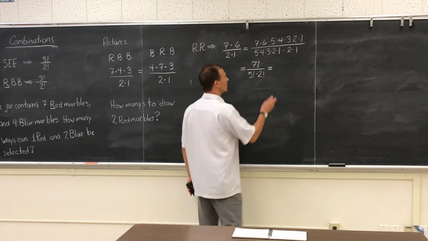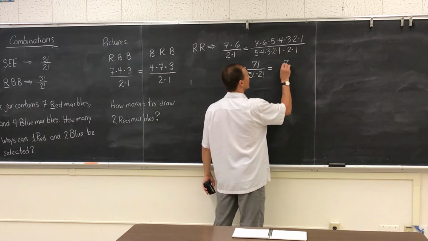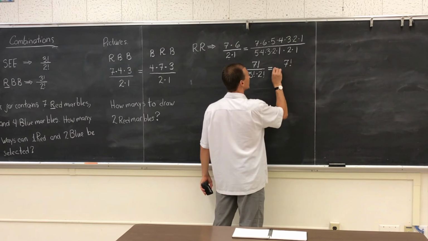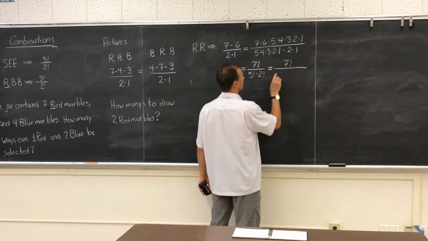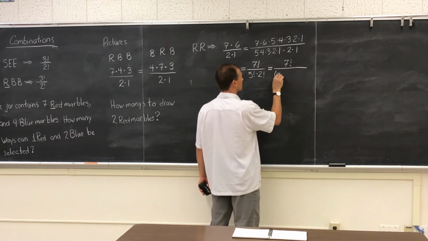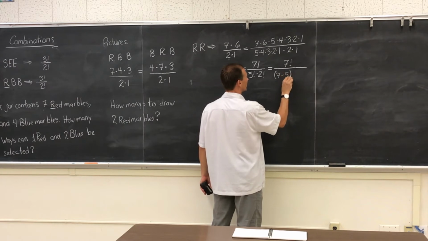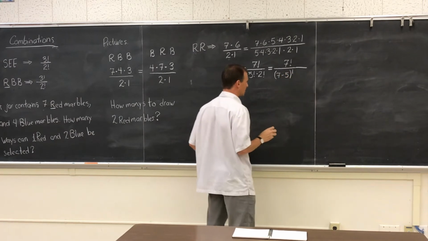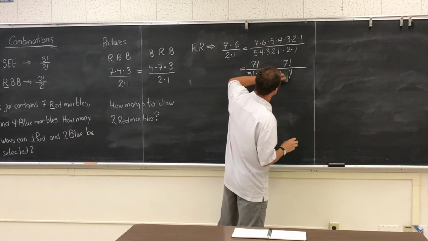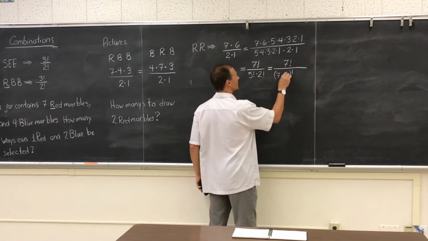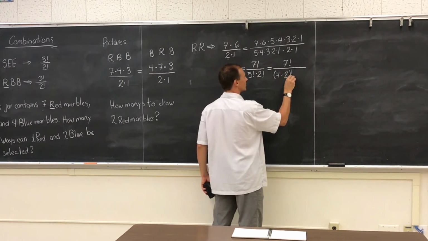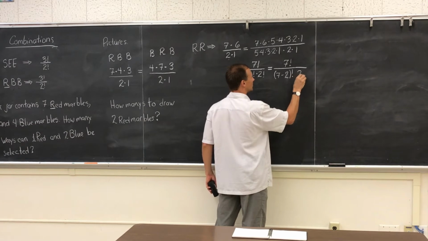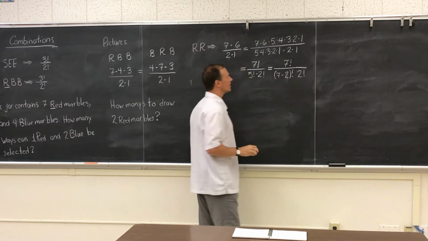And how did we do that? We said this is 7 factorial divided by 7 minus 2 factorial, times 2 factorial.